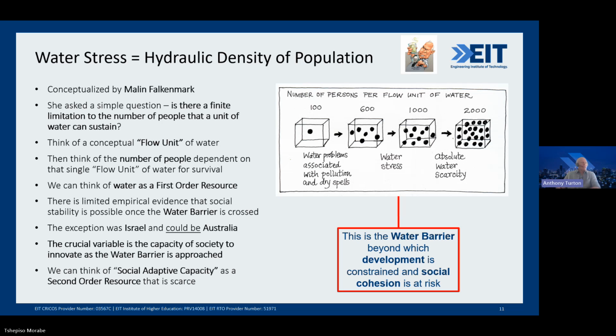But there's limited empirical evidence that social stability is possible once the water barrier is crossed. Now that starts to become very interesting, because we talk here about empirical evidence, very limited empirical evidence that social stability is possible once the water barrier is crossed. But it's not impossible.